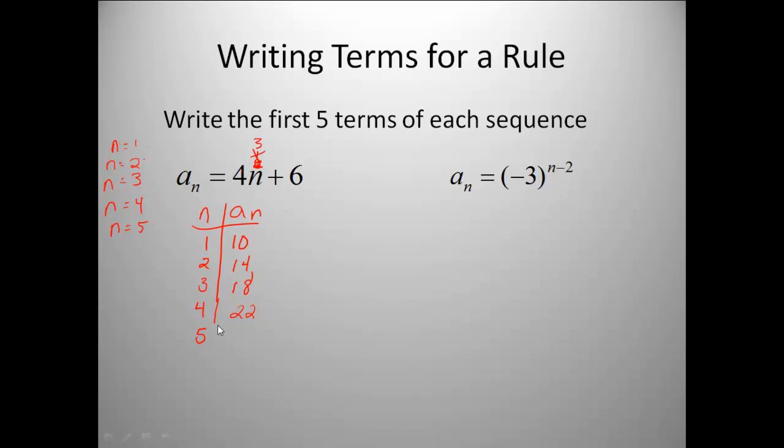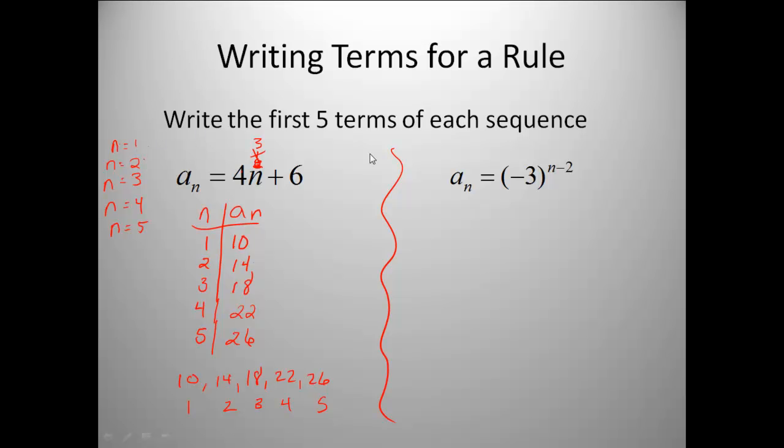And a 5 in gives you 26. So my first 5 terms of this sequence would be 10, 14, 18, 22, 26. If you want to list them out this way, you can, because it's still indicating that this is the first term, the second term, the third term, the fourth term, and the fifth term.